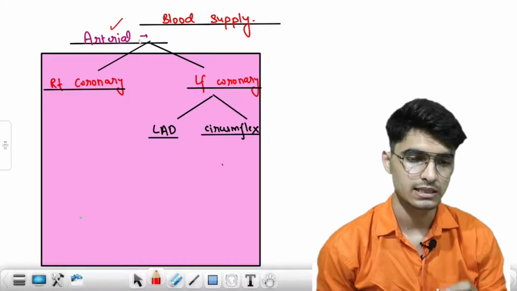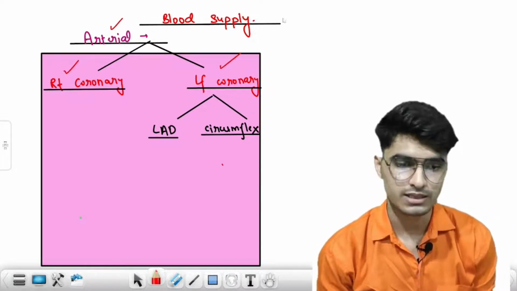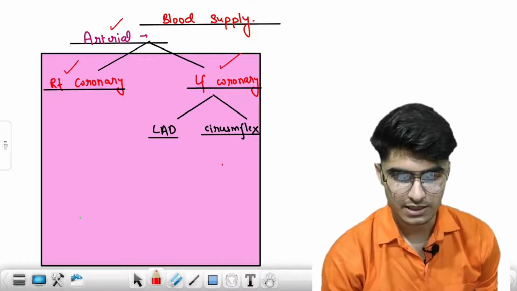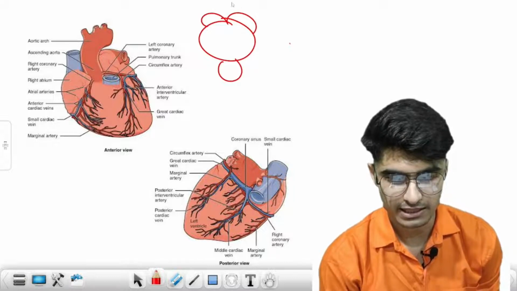And now we will discuss the blood supply. First is the arterial supply, and we have two major arteries: the right coronary and the left coronary artery. So that is basically our aorta, with the posterior surface and anterior area.